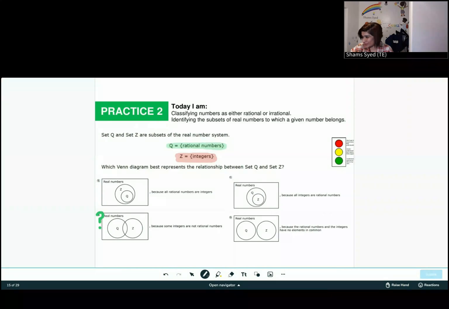Which ones should we take away because they are just not the right answers? B and D, absolutely correct, Christian. B is like a reading teacher's Venn diagram, not our math one, because of this partial overlap. And D is about rationals and irrationals, not rationals and integers.